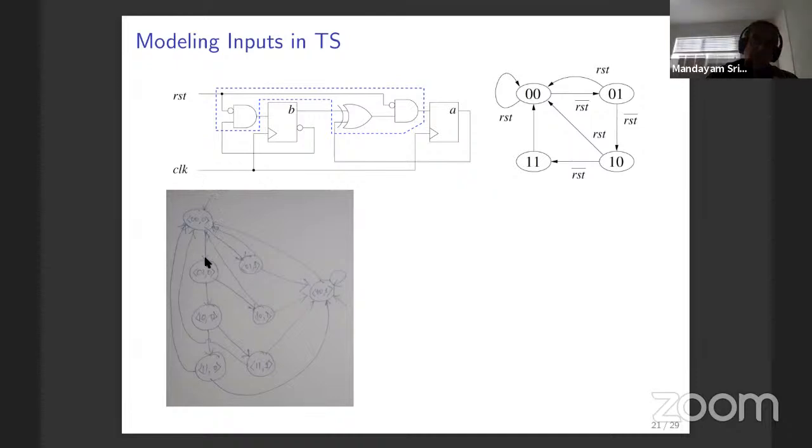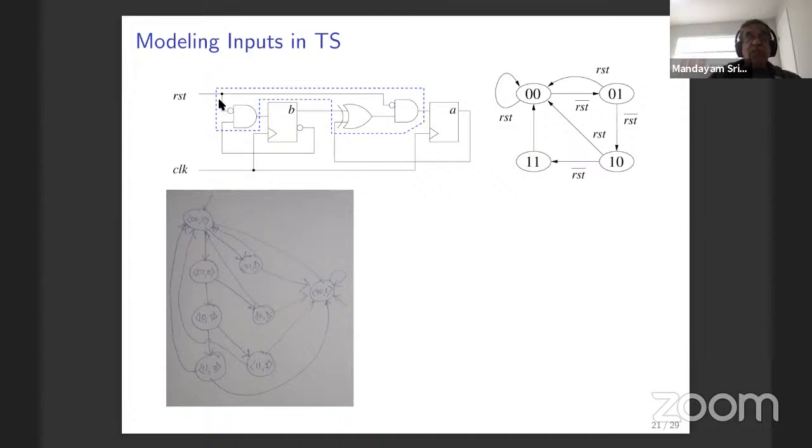So a transition here models a single tick of the clock. And as you can notice, the system is not constraining in any way how reset can change. So reset can be asserted at any point in time. That's why in the next state I've allowed for the possibility that reset can be either 0 or 1.